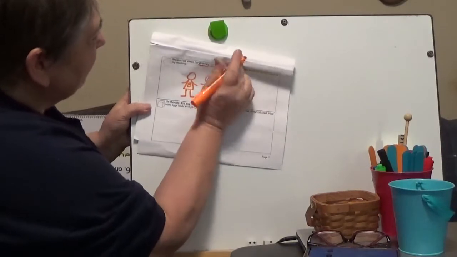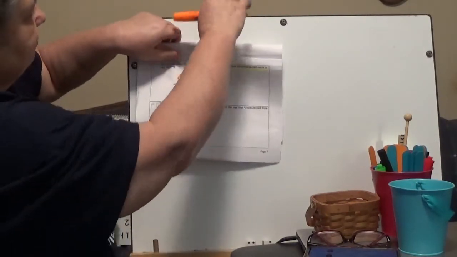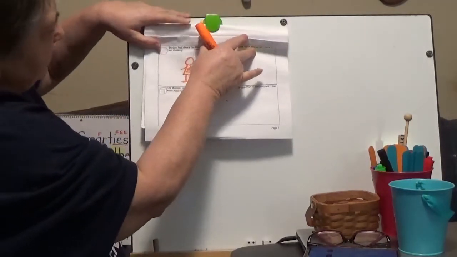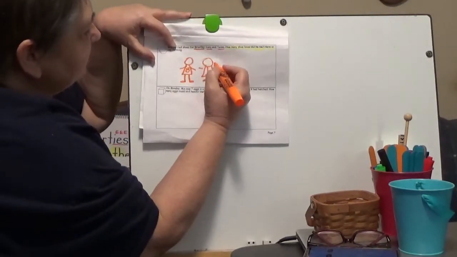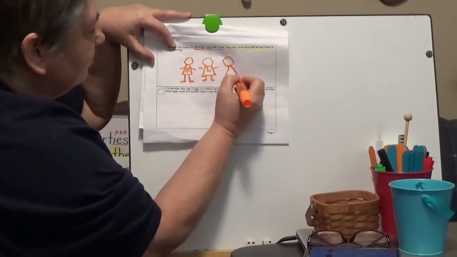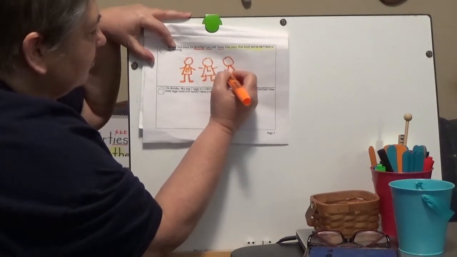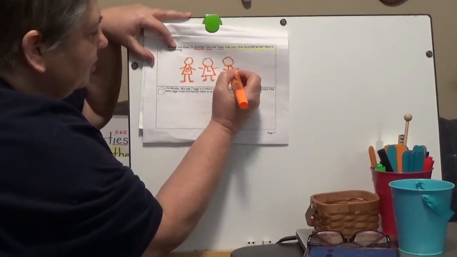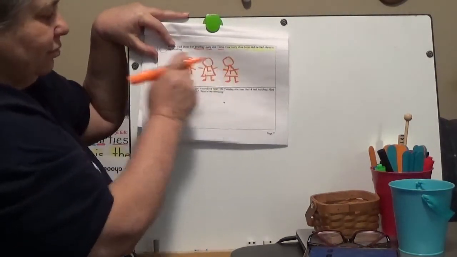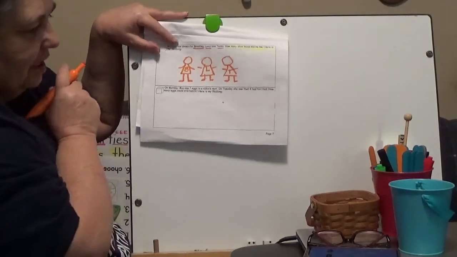And here is Tessa. Oops. Goodness. Let's get that back on. The very last page is kind of hard to stick here. Here's Tessa. And put a T on her shirt for Tessa. Now, we're not counting kids. We're counting shoelaces.